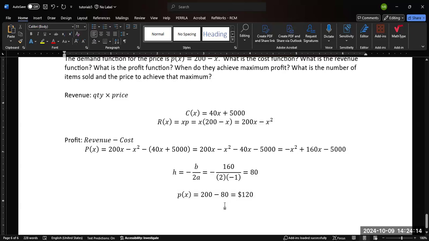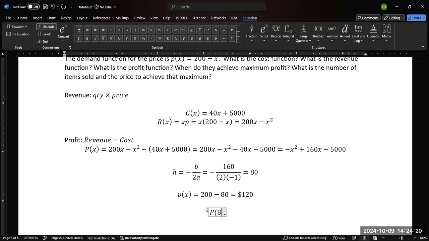And I can then put this into the profit equation to find the maximum profit. Again, put in the 80, not the 120, because our profit equation is based on the number of items sold, not the price.